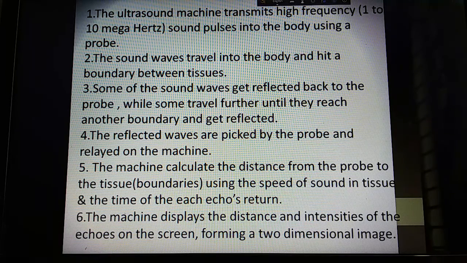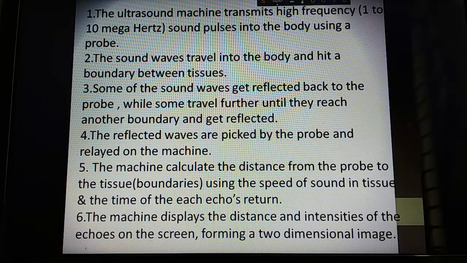So the probe is a device that is used to generate sound and in the same way to catch the sound again. The generated sound gets reflected back due to some boundaries, and then these reflected waves are picked up by the probe and relayed to the machine.